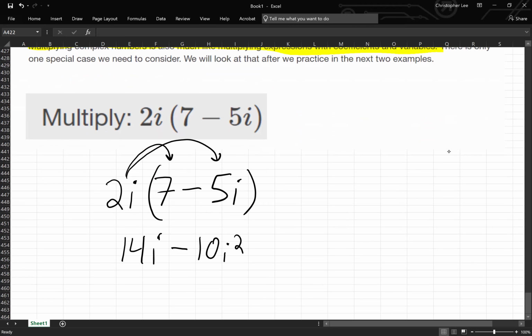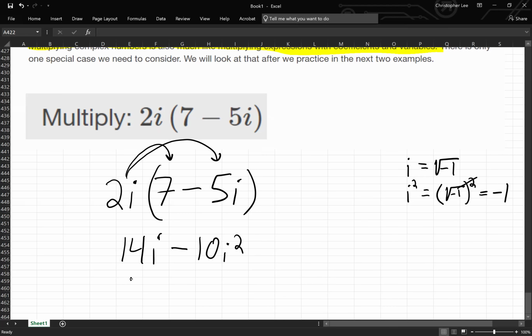Now, i squared, let's think about this for a second. i is equal to the square root of negative 1. So if I say i squared, what is that equal to, right? So close. It's going to be the square root of negative 1 squared. And the square root and the square cancel out, leaving just negative 1, right?